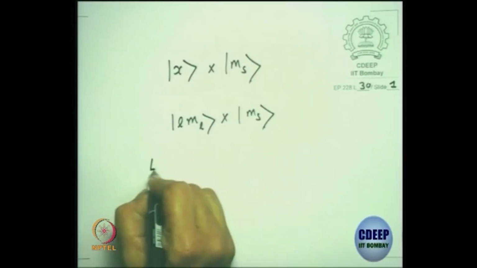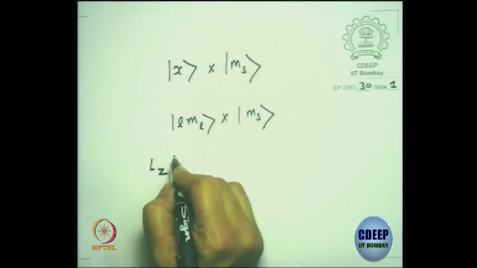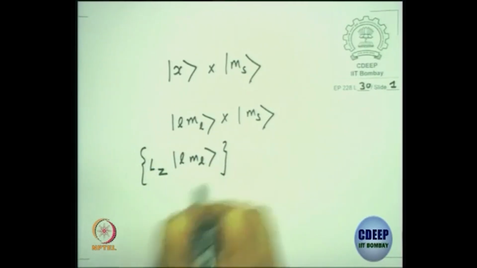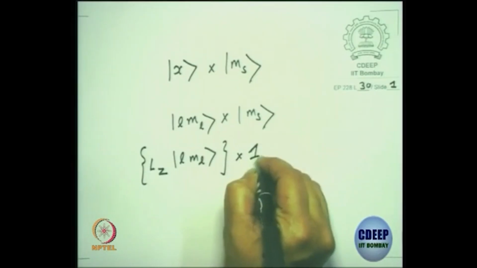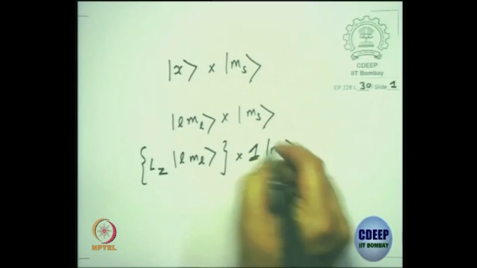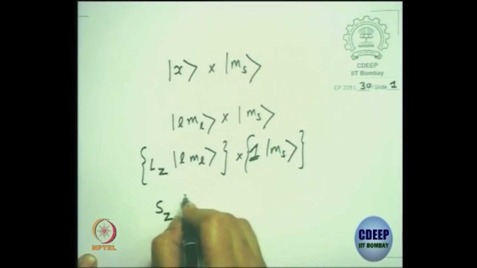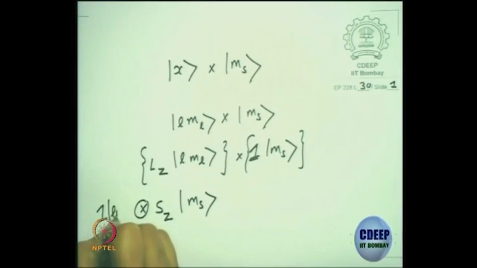When I want to do LZ, it will operate on LML, and it will be like an identity operator on MS. Suppose I do SZ, it will operate on MS and it will be an identity operator on LML.